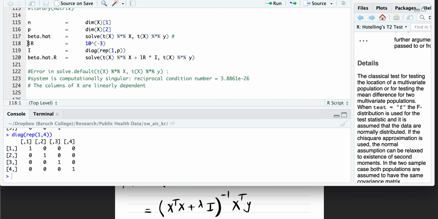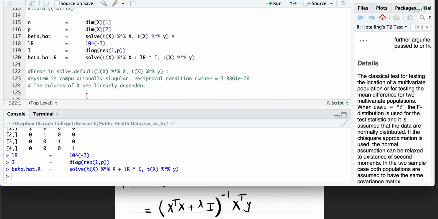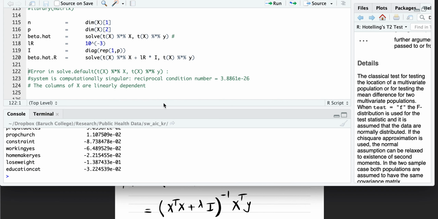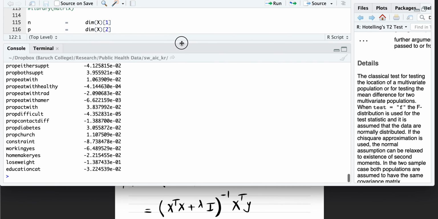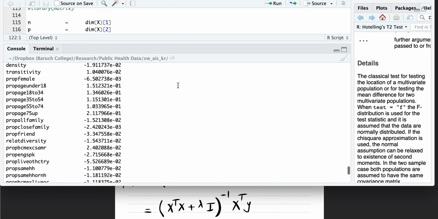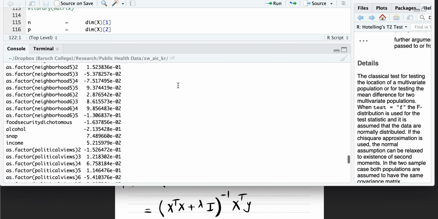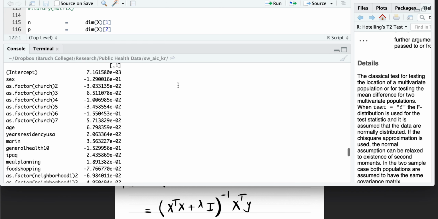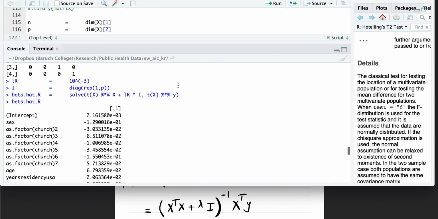So let's see. Now we don't have the previous problem. We have estimates for all the coefficients.